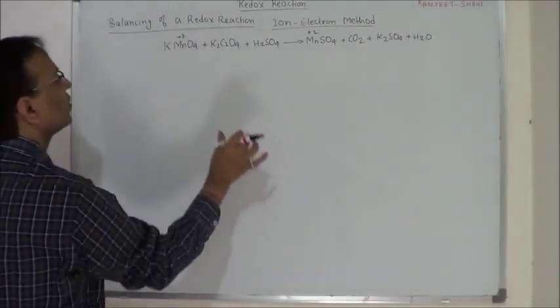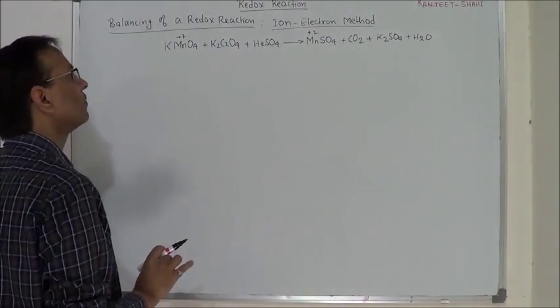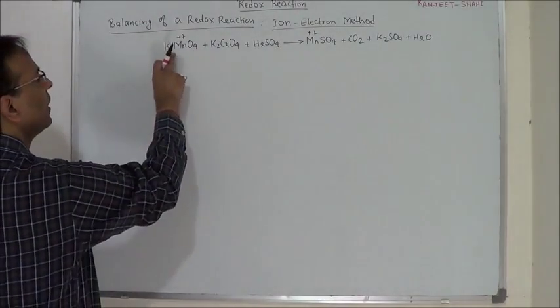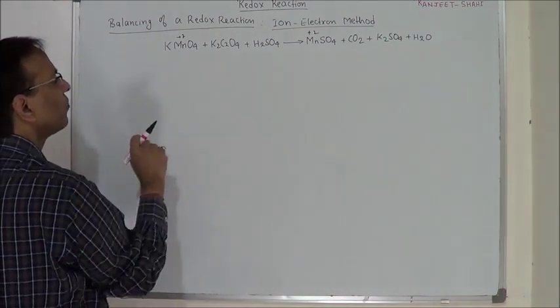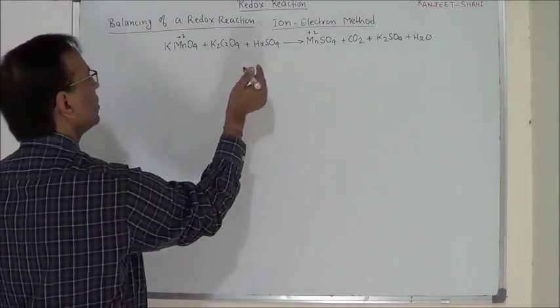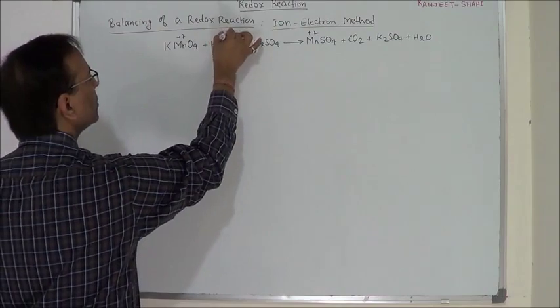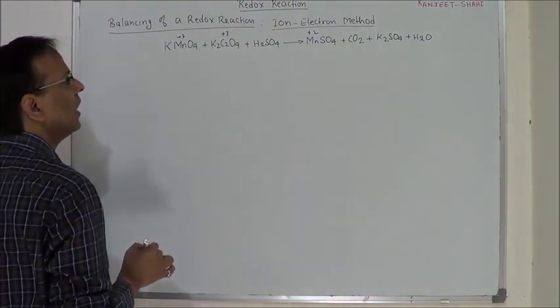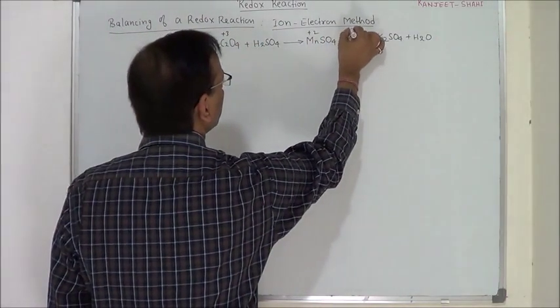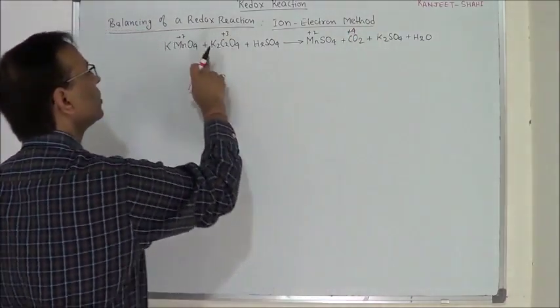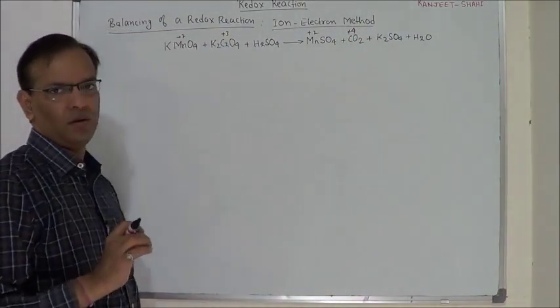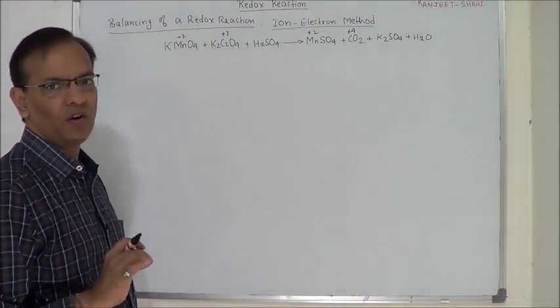So when transforming this into an ionic equation, we will have to take ions from this. In potassium oxalate, carbon is in the +3 oxidation state and it is also undergoing change to +4. So ions from oxalate will also have to be taken.